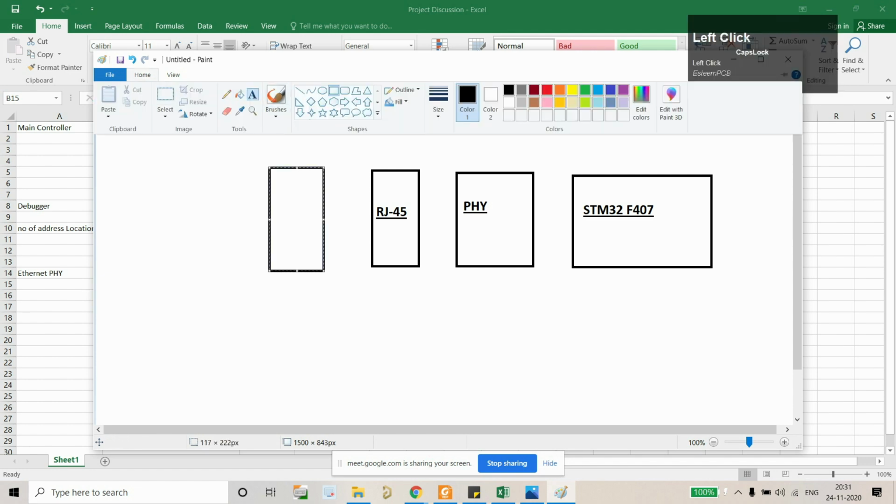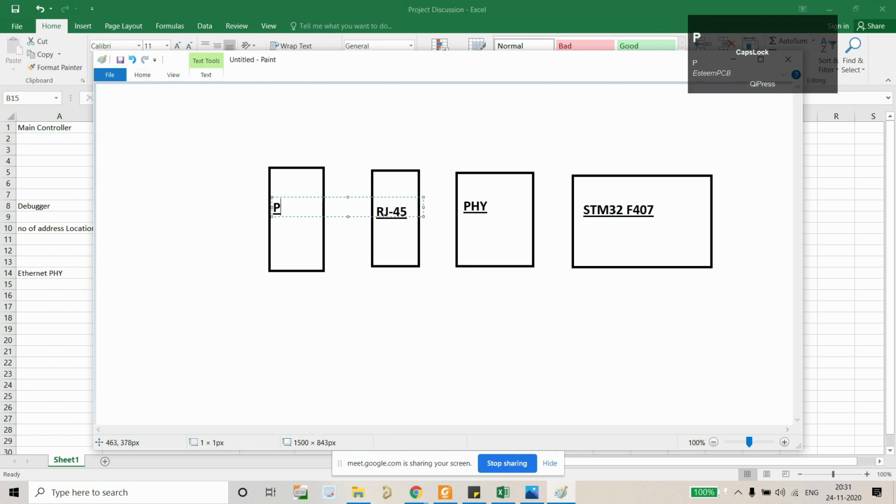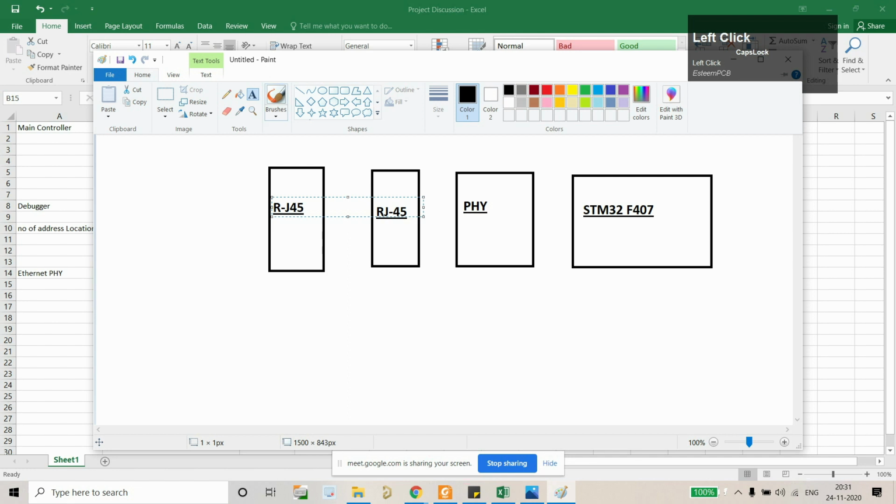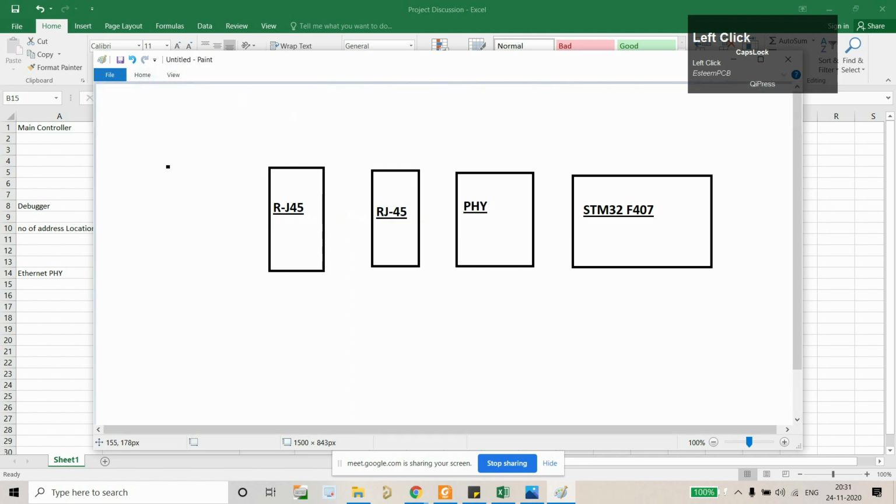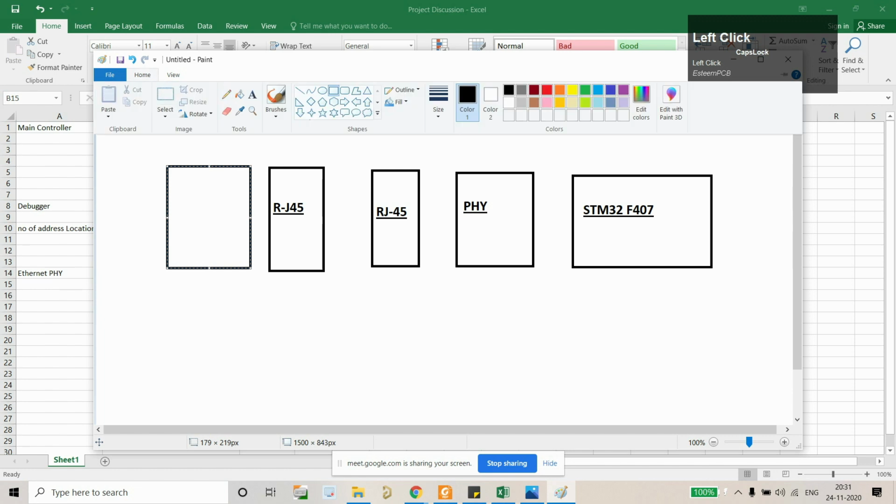Guys, let me know if you have any doubt. And this RJ45 is present over the data link layer. So this is the whole connection between the data link layer and our main controller.